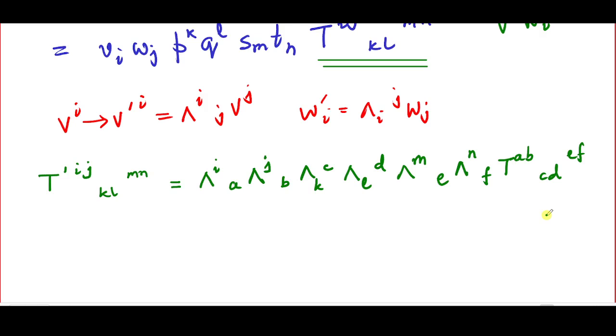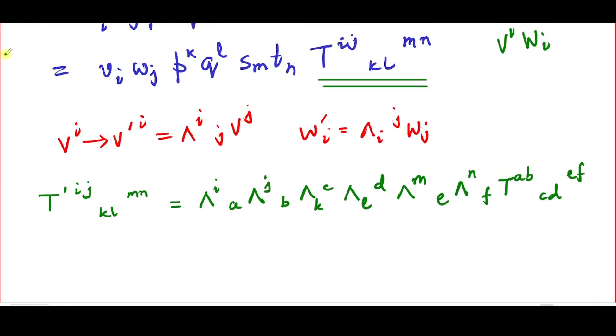The important point is, tensor components must transform in such a way that the multilinear structure of the tensor map must prevail, and ultimately a tensor acting on the appropriate number of vectors and covectors must give you a scalar. In other words, this expression must give you a scalar. So let's see whether that's true.